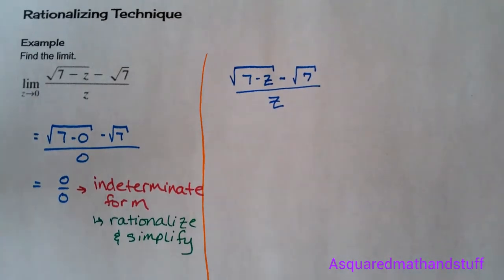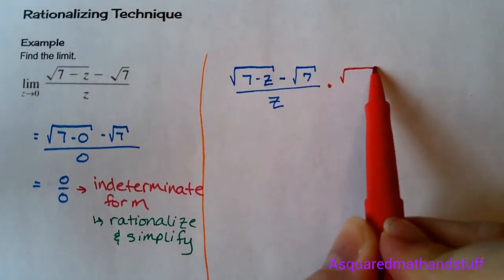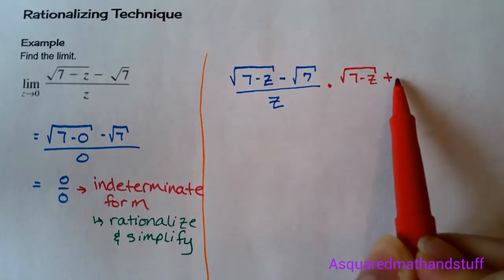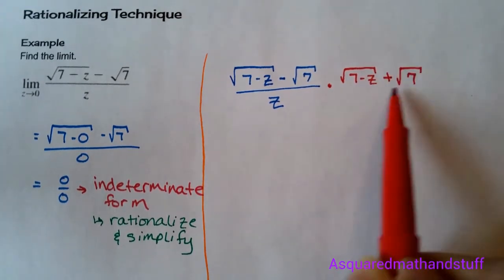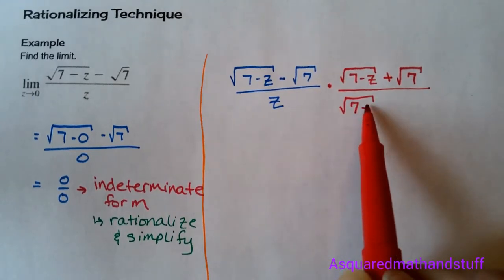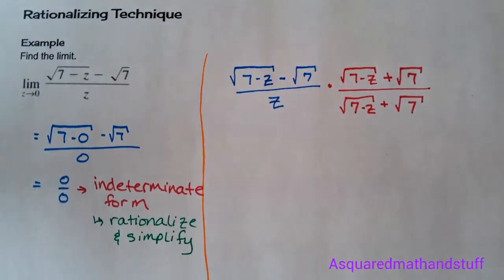So let's go ahead and do that. We will then multiply both the numerator and the denominator by the conjugate, the square root of 7 minus z plus the square root of 7. What we do to the top, we have to do to the bottom. And this is what we have.